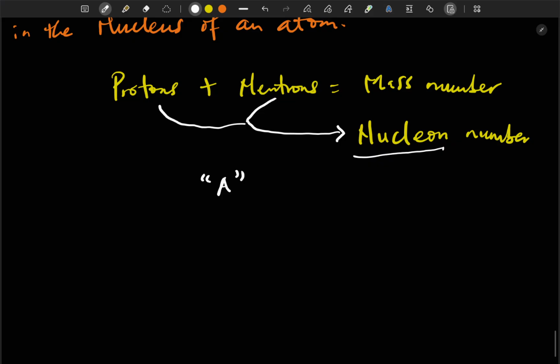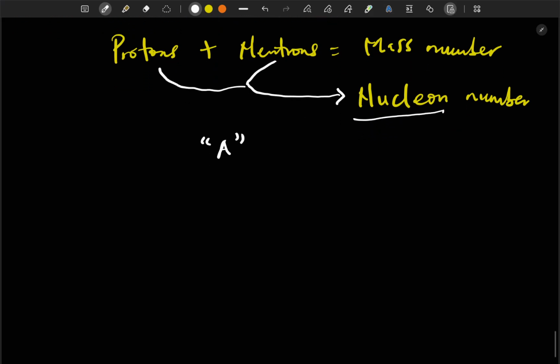So now I have to say that generally the atom of an element is expressed by the atomic symbol. Let's represent the symbol by X, and then you have the mass number as a superscript at the left, and the atomic number as a subscript at the same left.